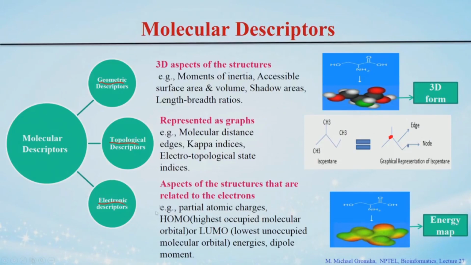Then you can also get some electronic properties, because these properties are also important to define the activity. So, you can get the energy map; you can see some areas are green, which are accessible, and the red ones have a high energy system. You can calculate the different types of molecular orbital energies and dipole moments for any compound.